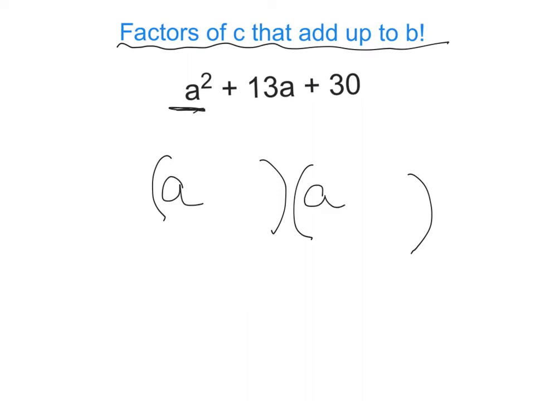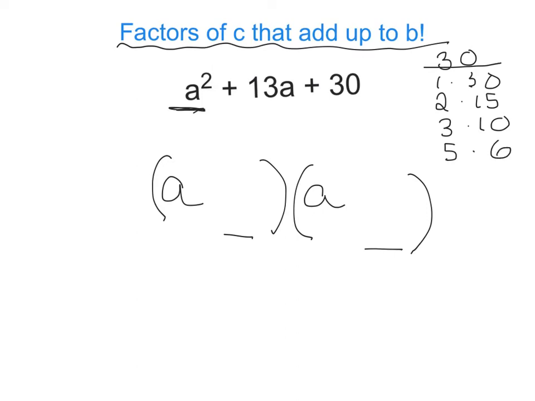And then to fill in the spaces with numbers, we have to look at all of the factors of 30. So let's think of all the numbers that when multiplied together give you 30. 1 times 30, 2 times 15, 3 times 10, and 5 times 6. So those are the factors of 30.